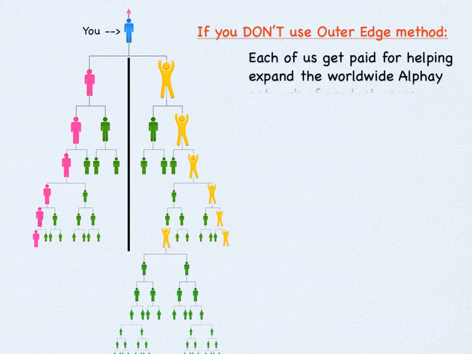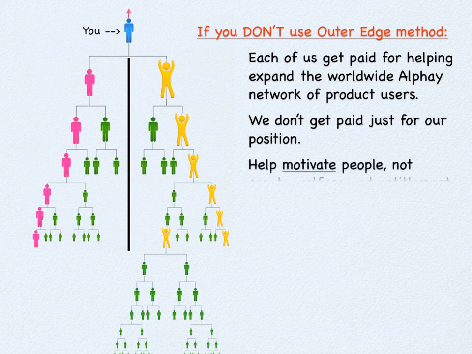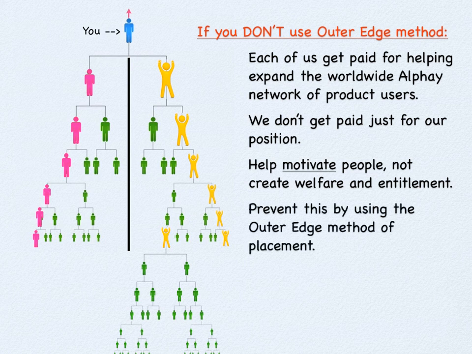Each of us get paid for helping expand the worldwide Alpha network of product users. We don't just get paid for our position. So the whole key is to help motivate people, not create welfare, not create entitlement. And this outer edge method prevents that exact dynamic from occurring.